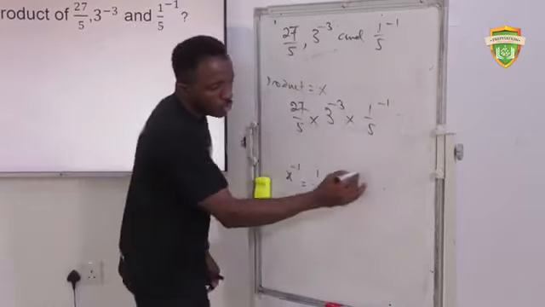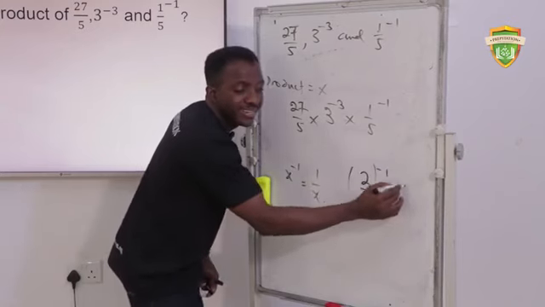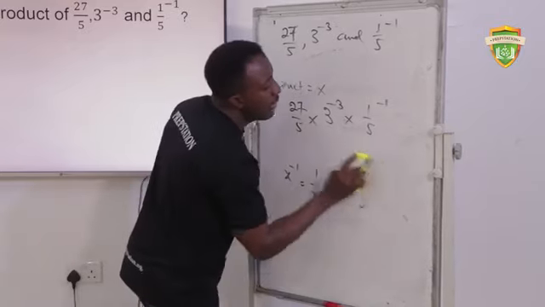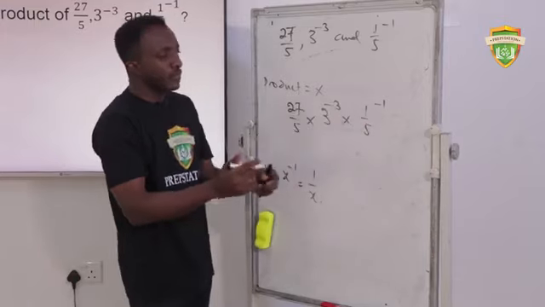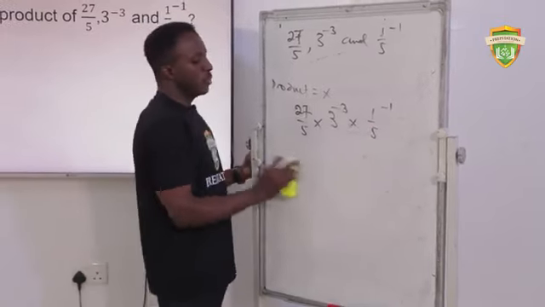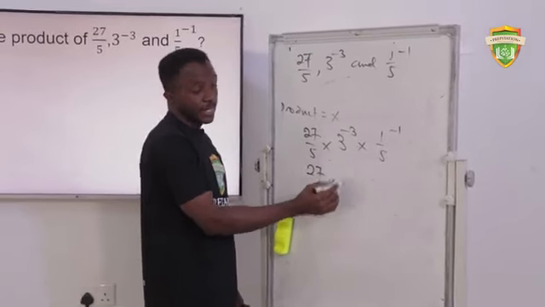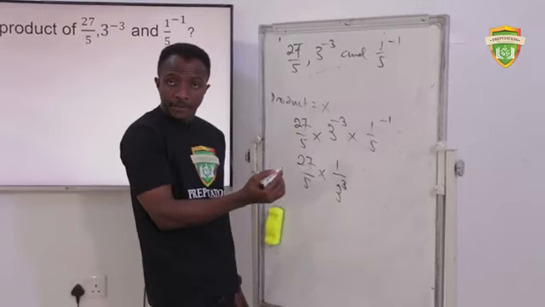So if I have 2 over 3, the reciprocal of 2 over 3 is simply 3 over 2. Take note of that. So here we have a fraction. Reciprocal of this fraction is what we're required to do. Now let's go. We have 27 over 5 times, this becomes 1 over 3 raised to the power 3.